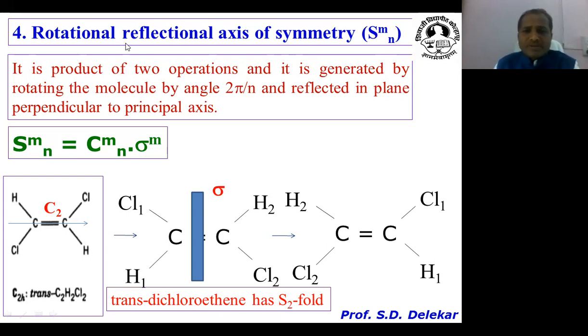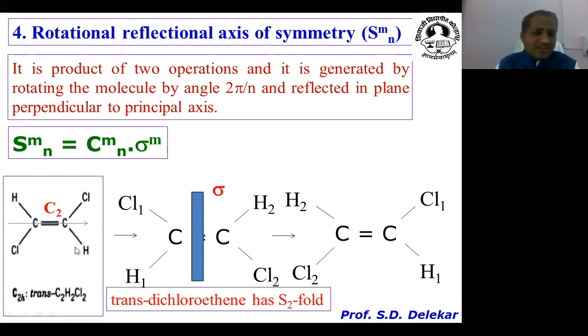The improper axis of symmetry is simply defined as an imaginary axis within a molecule through which the rotation is carried out at a specific angle theta for getting a new orientation. This new orientation is neither equivalent nor identical with respect to the original orientation.